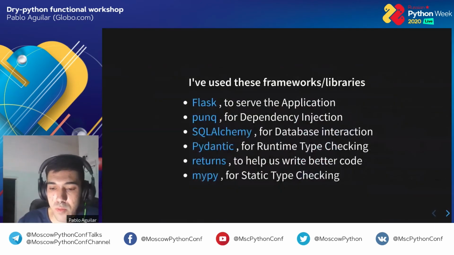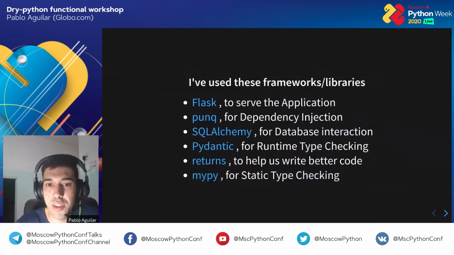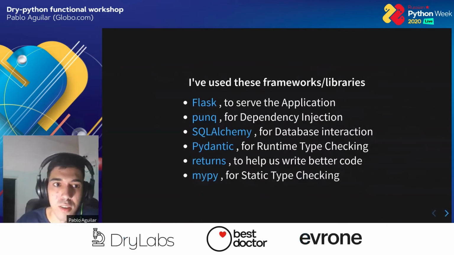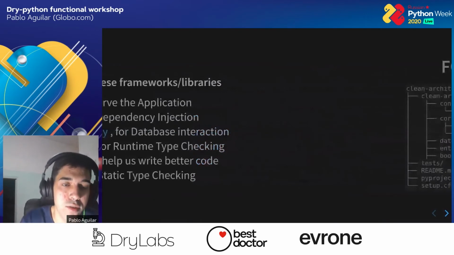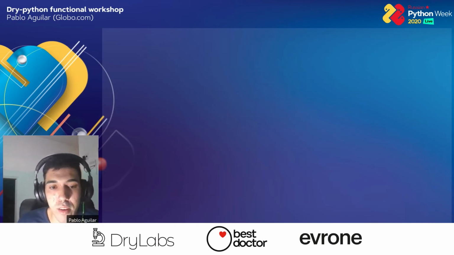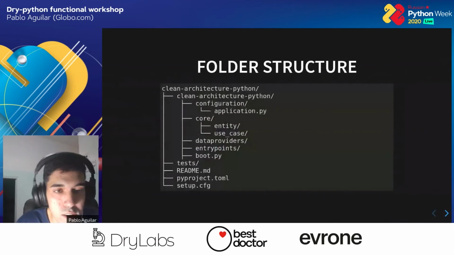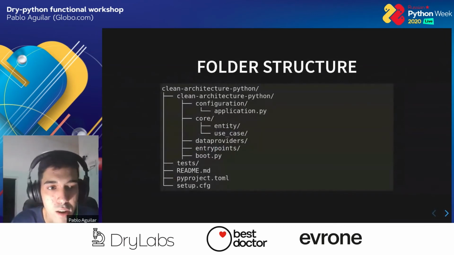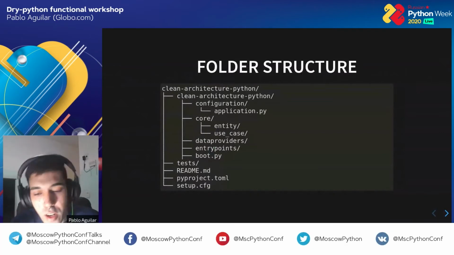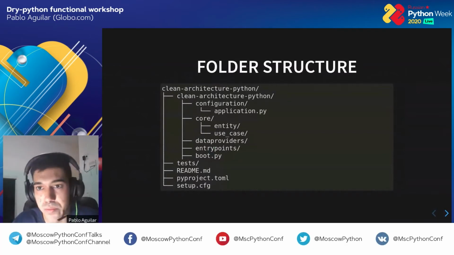So as I said, that schema is abstract, and to consolidate that schema using Python, I have used the Python package structure. So each layer is in a Python package. My configuration layer is a package, my entity is a package, my use case is a package. Every layer is represented by a package.